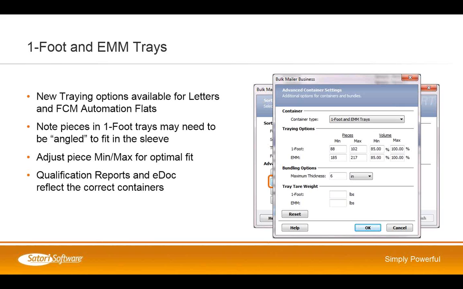You probably won't be able to get as many in as would fit completely vertical. So play with your minimum and maximum settings, and we will display the correct information now in your qualification report and your eDoc. Everything should match up and be good to go.